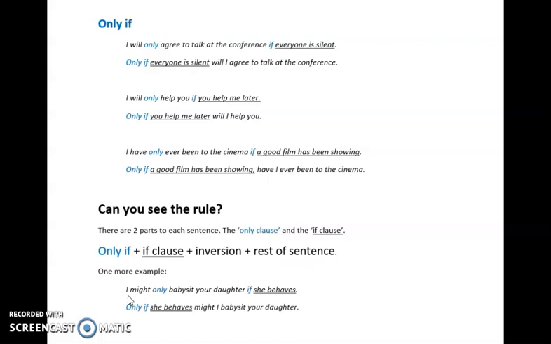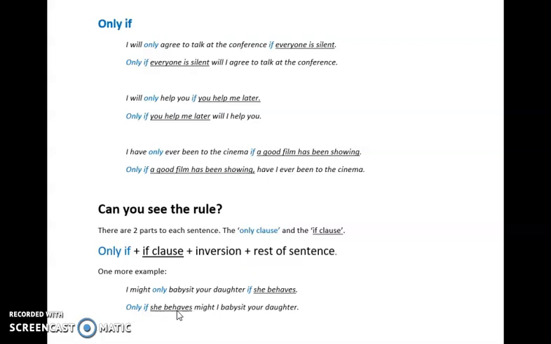For example, I might only babysit your daughter, so this is going to be my only clause because I've got only. I might only babysit your daughter if she behaves. This is the part of the sentence that has if, therefore this is the if clause. And my grammar rule says that only if plus if clause plus inversion plus rest of sentence.